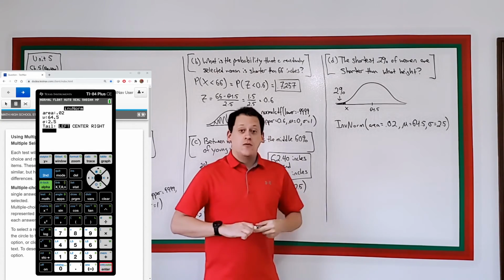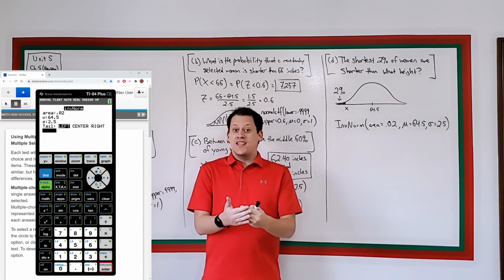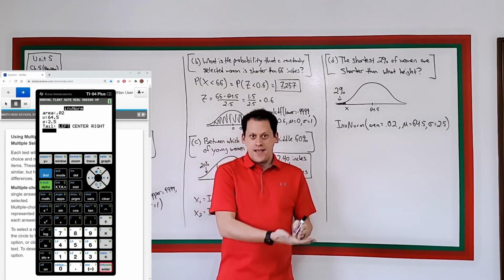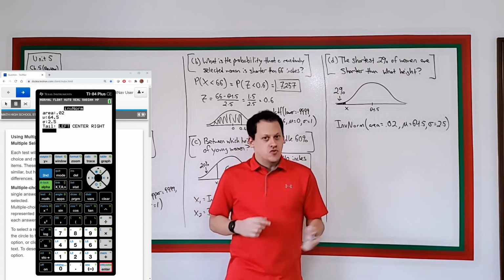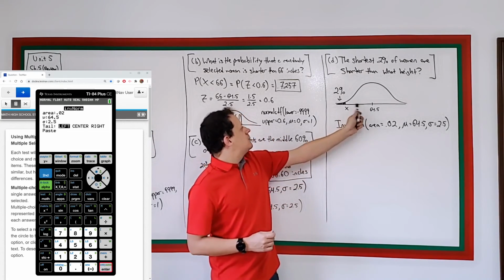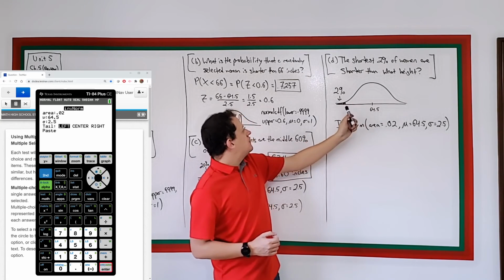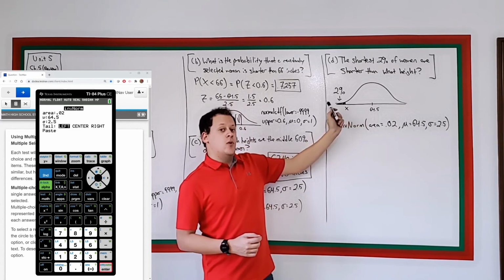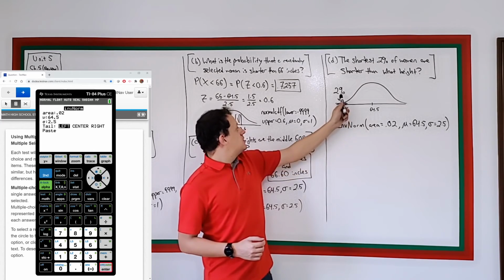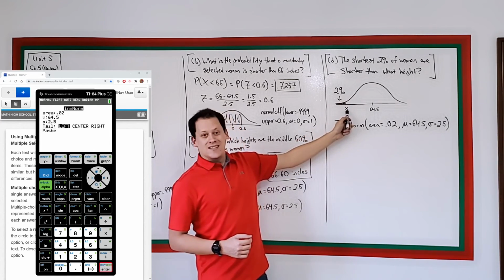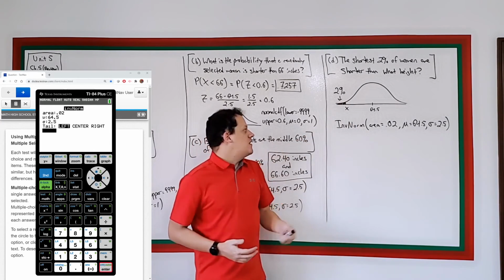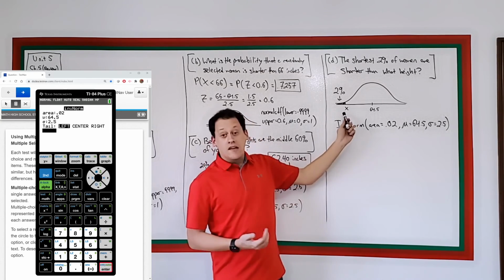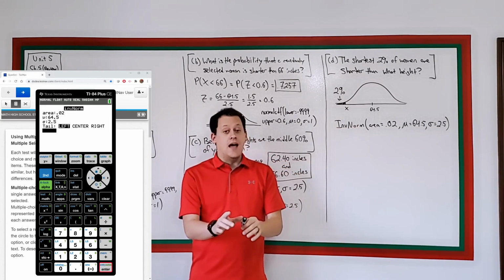The shortest 2% of women, so this is another one where we have the percentage and we want the X value. I'm going straight to a picture first, drawing that normal curve, putting the mean in the middle. The shortest 2% of women are the ones furthest to the left. So this is 2% is less than whatever the X value is going to be. So again, this is an inverse norm problem, not normal CDF.